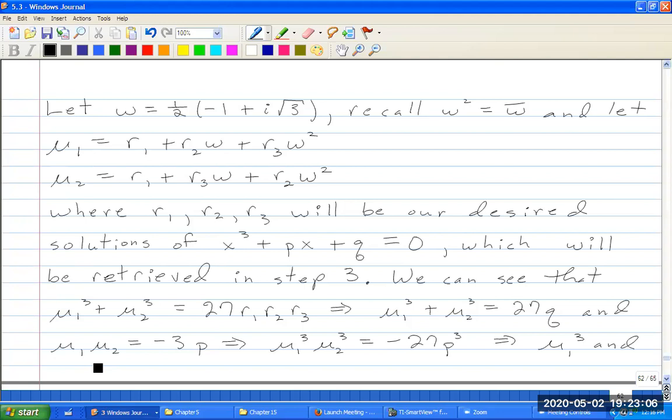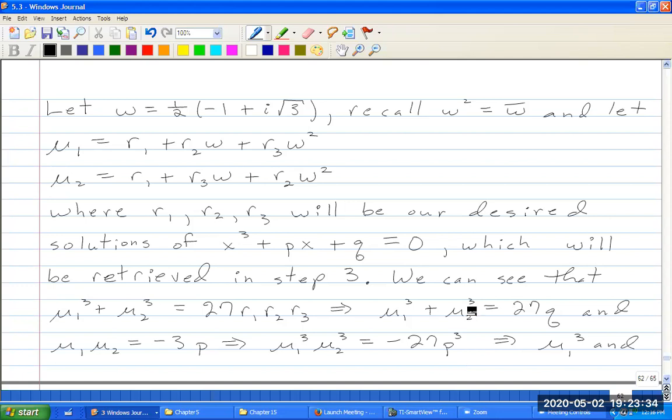Similarly, mu 1 times mu 2, just multiplying it out, is negative 3 times R1 plus R2 plus R3, which becomes P. And so mu 1 cubed times mu 2 cubed is negative 27p cubed.